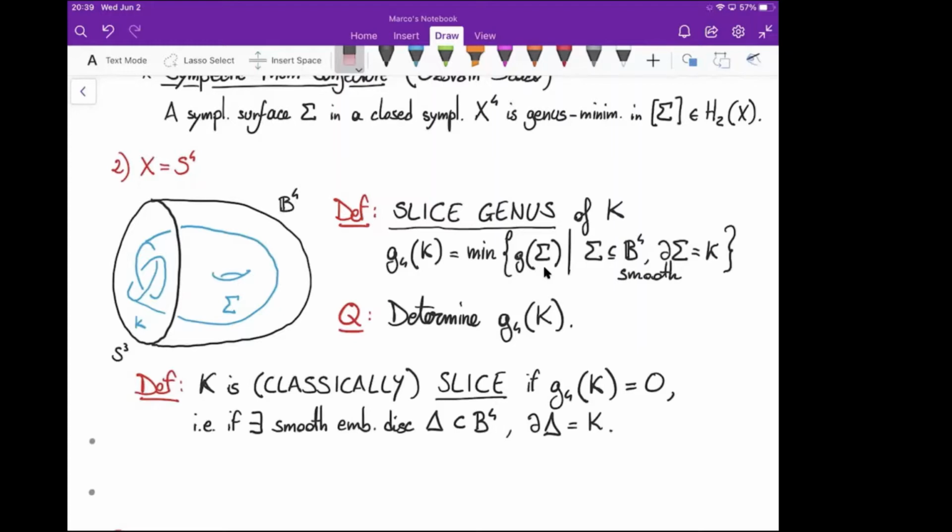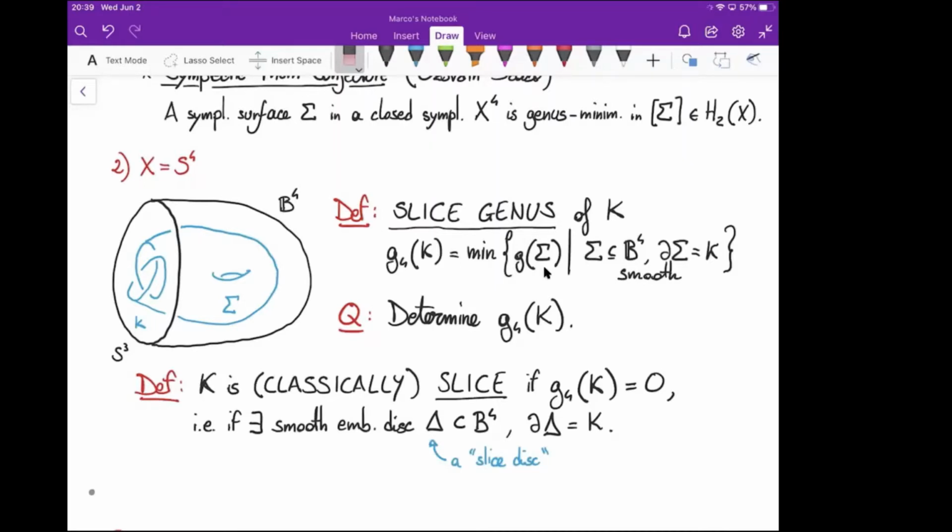And in such a case, we say that the knot is slice, or in this talk, classically slice, because we will introduce other notions of sliceness. And delta is called a slice disk for K.